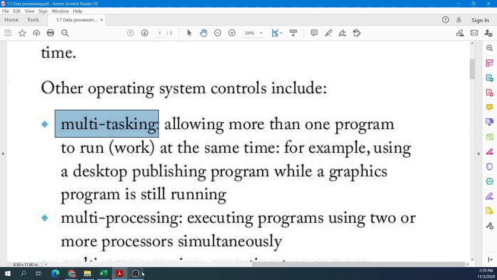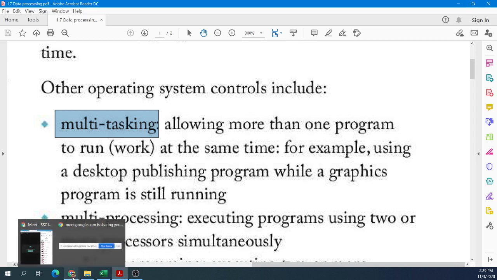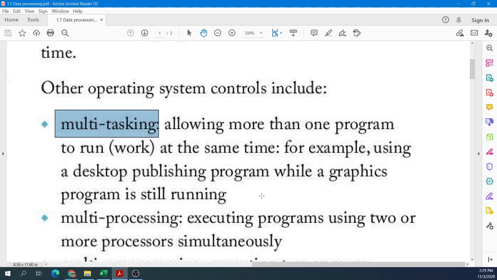If you can see at the bottom of my screen, you can see all of the programs that I have open. I have this software here open. I have Adobe Reader, Excel, File Explorer, I have Chrome open, and all of that can open because of multitasking. The operating system, when we looked at it last week, can schedule when programs are able to use the CPU.